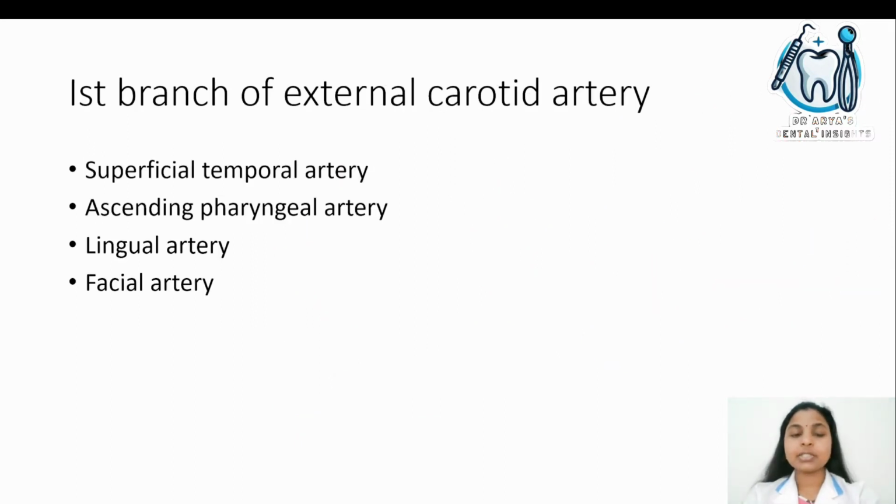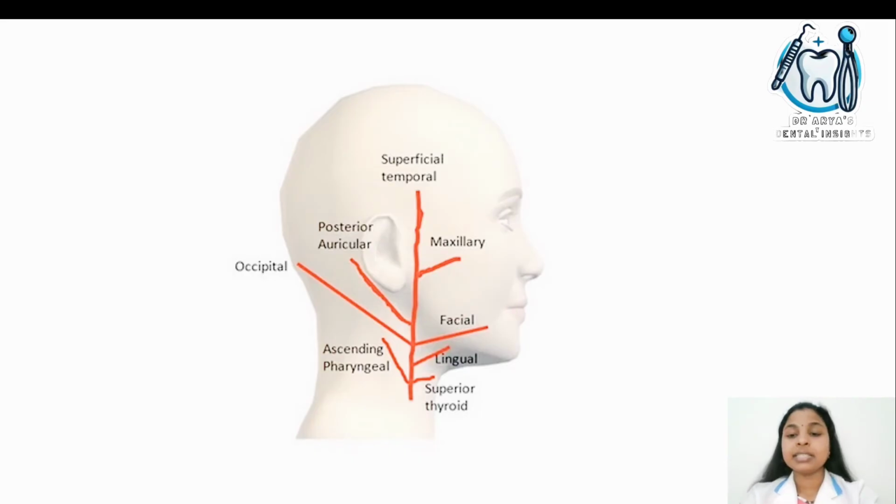So coming to the next question, which is the first branch of the external carotid artery? The options are superficial temporal artery, ascending pharyngeal artery, lingual artery, and facial artery. So coming to the discussion part. Which are the parts of the external carotid artery?